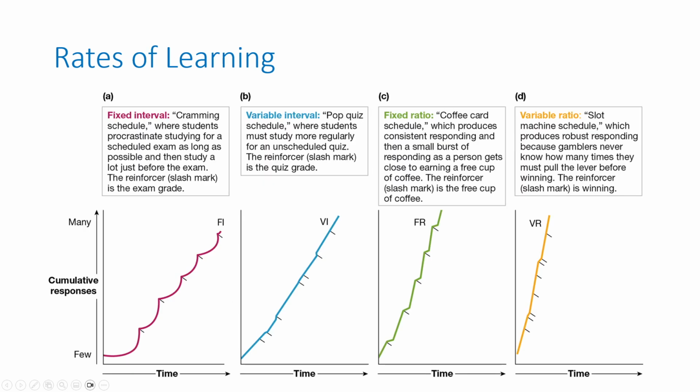So, when we're looking at these rates of learning, we can see that there are different behavior profiles associated with each of them. Take the fixed interval, for example. I once worked in a research lab where every Wednesday we had our lab meeting with our boss, where we had to present what we'd worked on over the previous week.